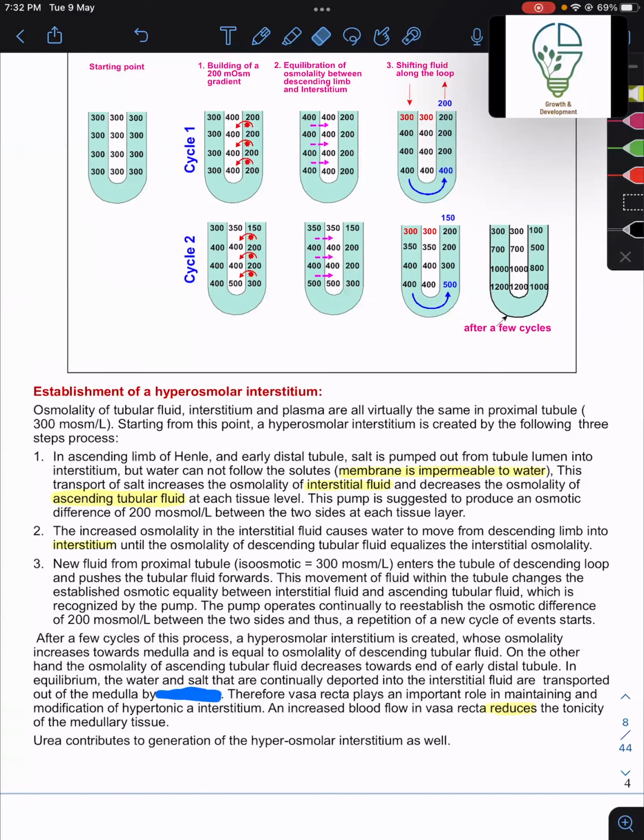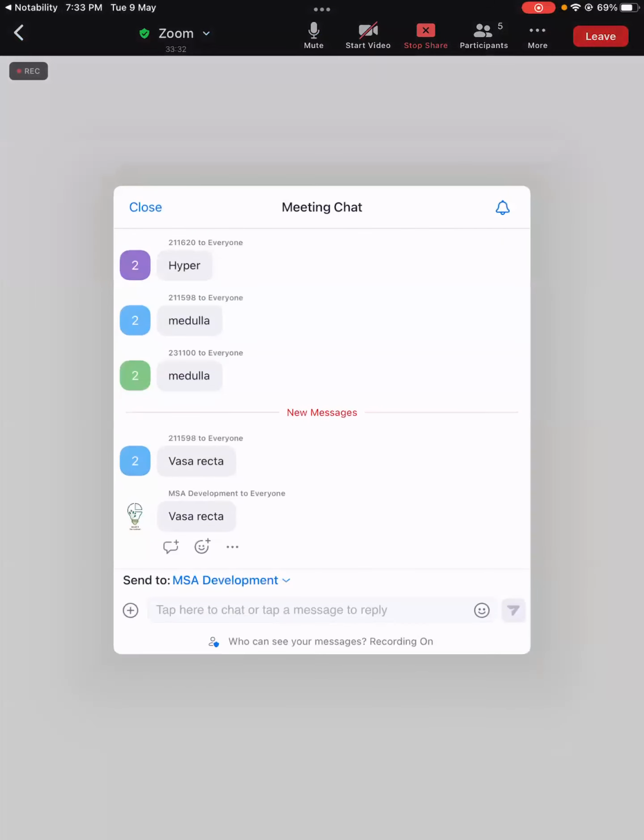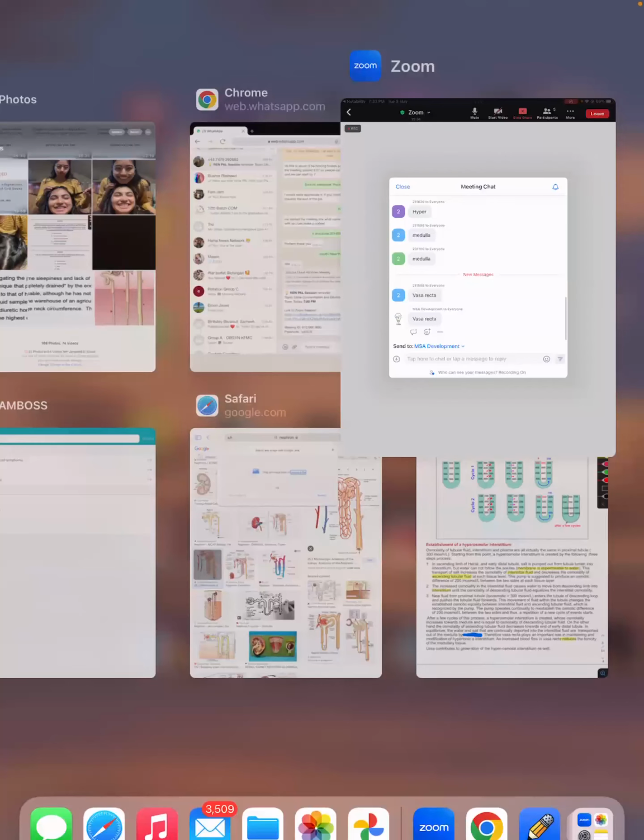Okay, then in equilibrium, the water and salt that are continually deported into the interstitial fluid are transported out of the medulla by blank. Good.